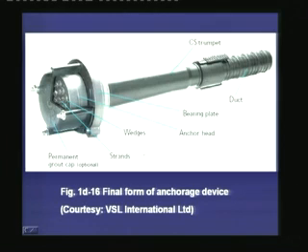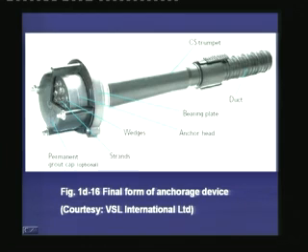This photograph shows an assembled unit of the post-tension anchoring system. Here you can see this is the duct through which the tendon passes. This is the trumpet shaped conduit which is attached to this bearing plate. Against the bearing plate the anchor head rests.